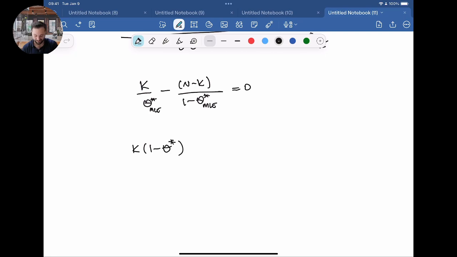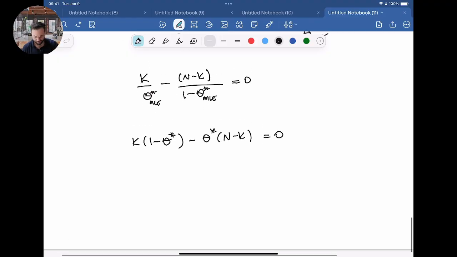I feel lazy, I'm not going to write the MLEs. 1 minus theta star minus theta star times n minus k. The denominator is theta times 1 minus theta. I don't need to write it. I know theta exists, and theta is non-zero. Therefore, the denominator cannot be 0. Hopefully, because I have observed something, right? So n is not equal to k. Therefore, 1 minus theta also exists.